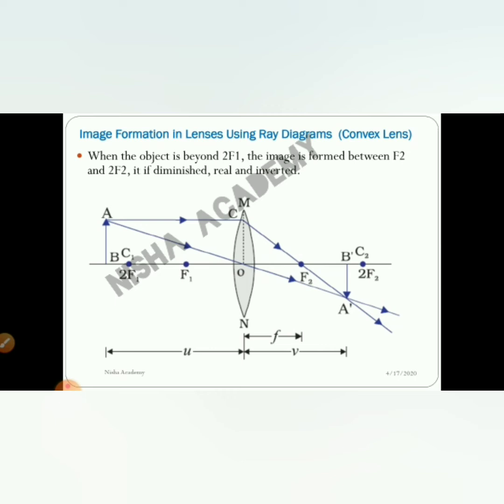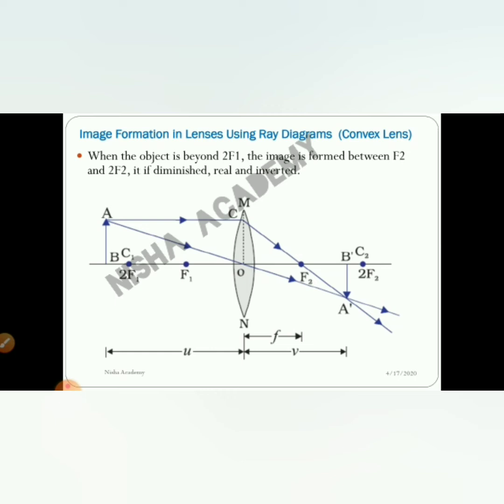Again you can see that the size of the image is diminished, meaning smaller than the object. It is real. And as the image is below the principal axis, we can see that the image is inverted.